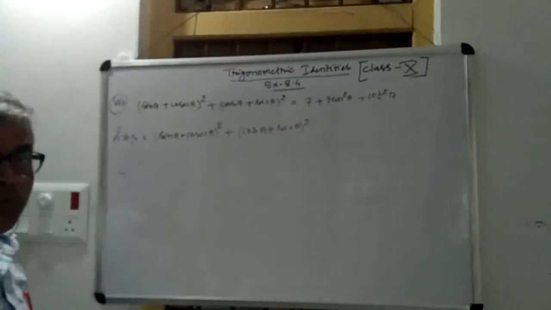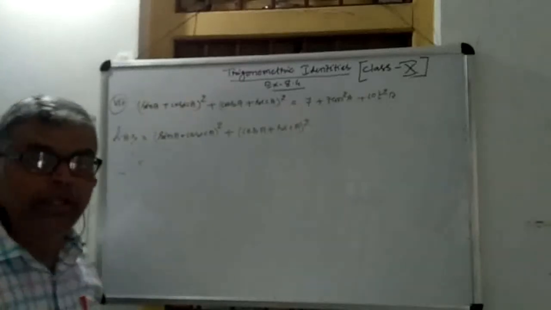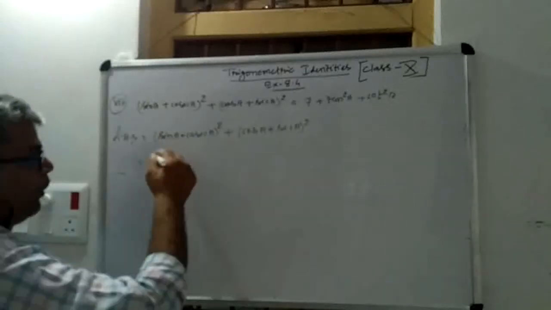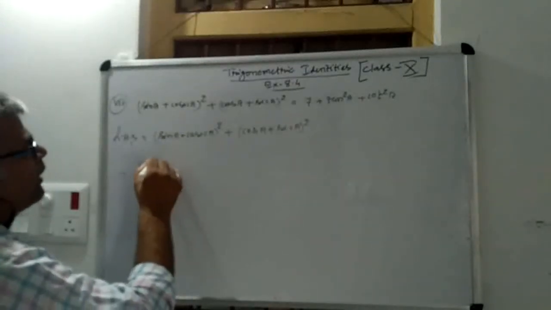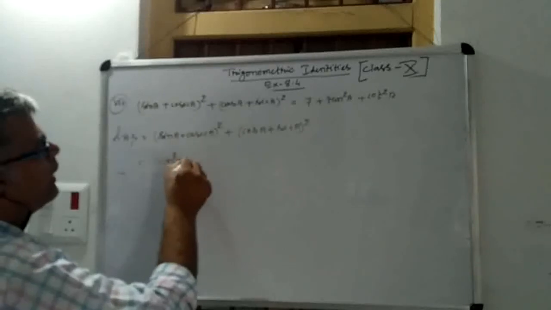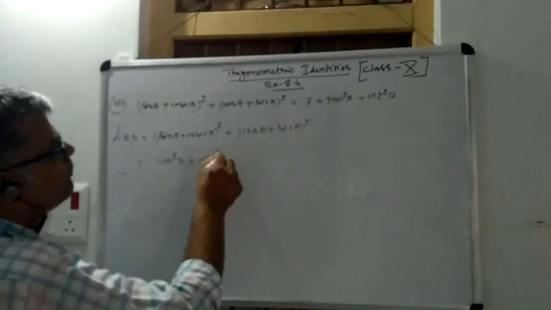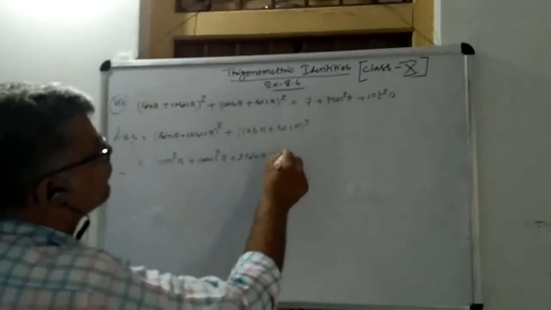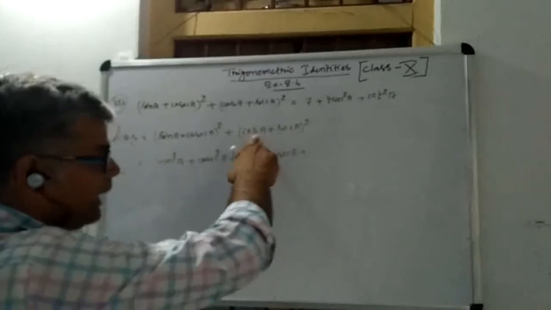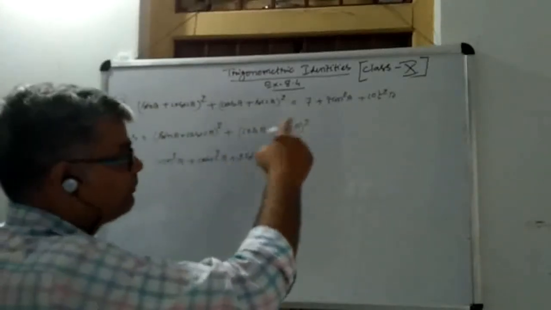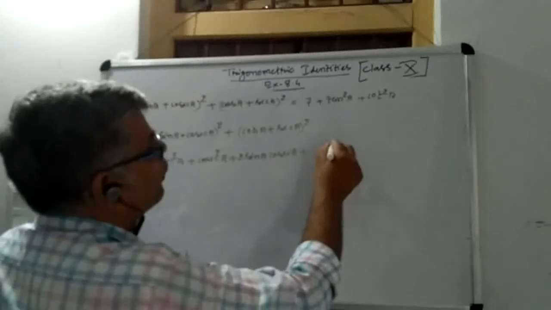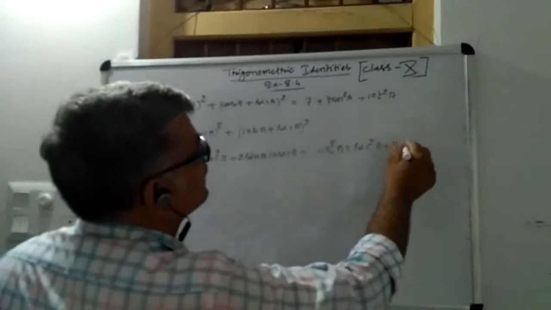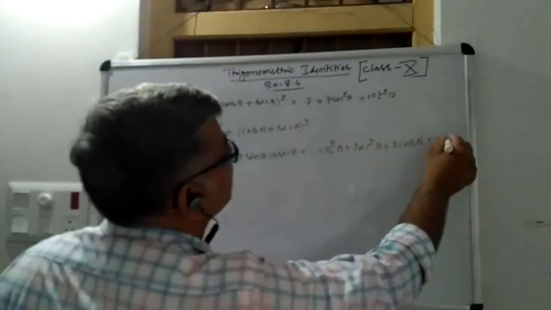Now expand it using the formula (A + B) whole square. So we have sin square A plus cosec square A plus 2 sin A cosec A. Similarly, expand this also: cos square A plus sec square A plus 2 cos A sec A.